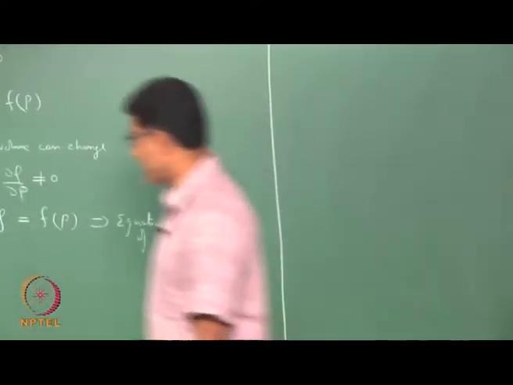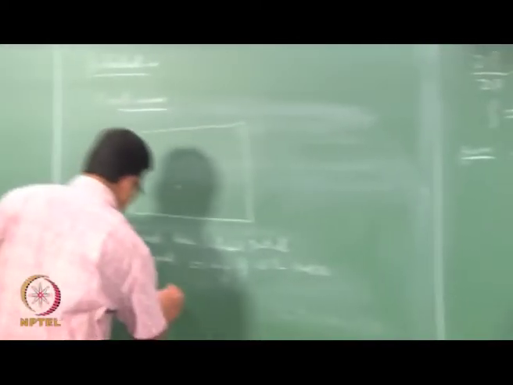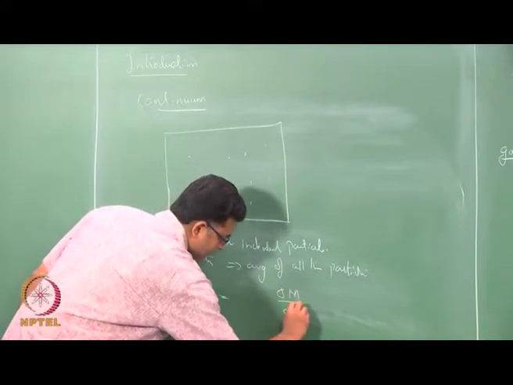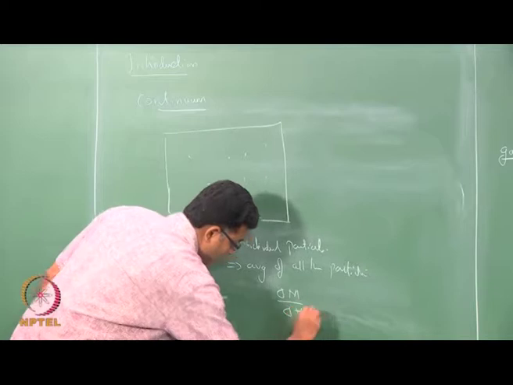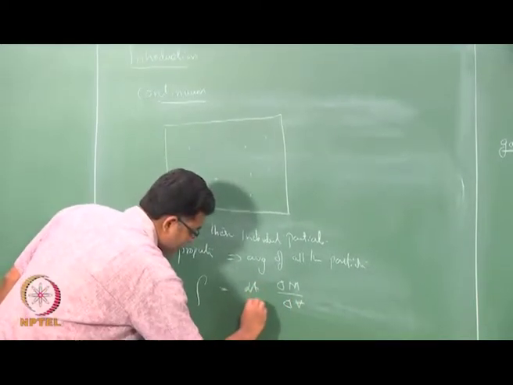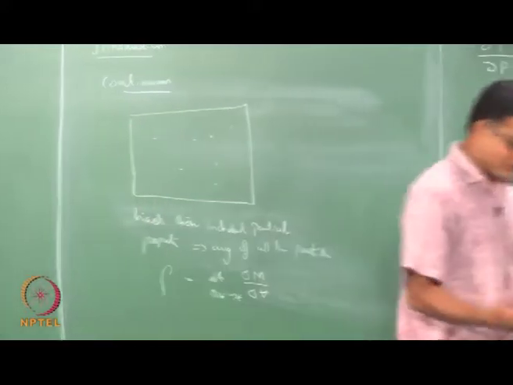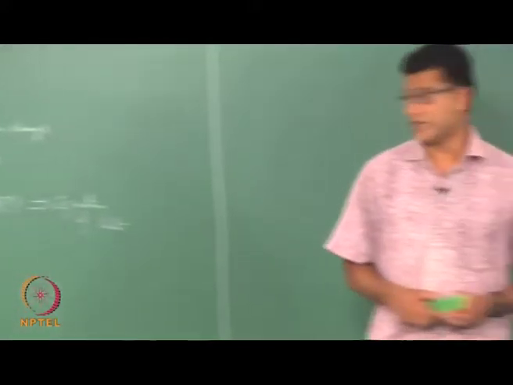With this assumption, you would define your density to be delta mass by delta volume, with the limit of delta volume tending to some small value. That is the assumption we are going to take.